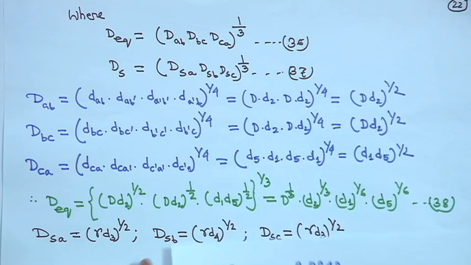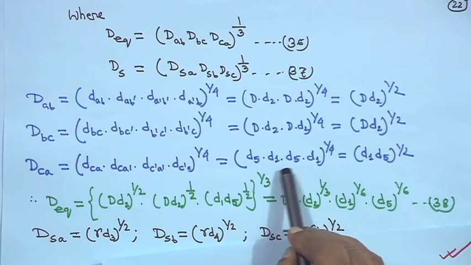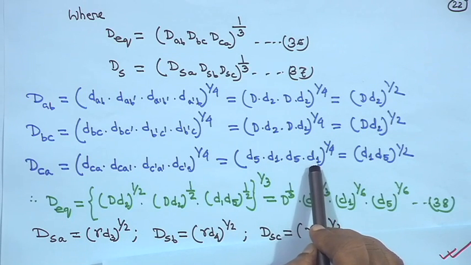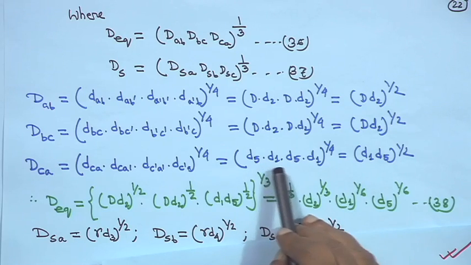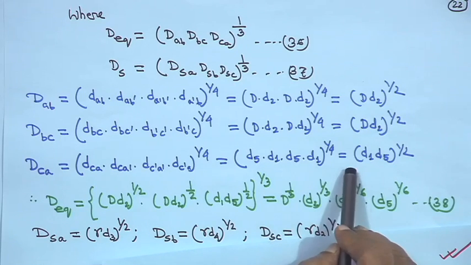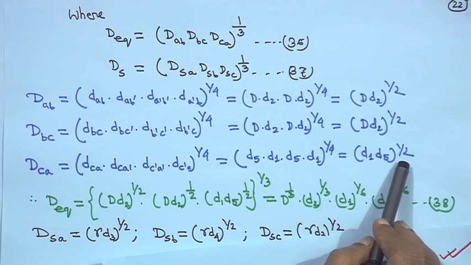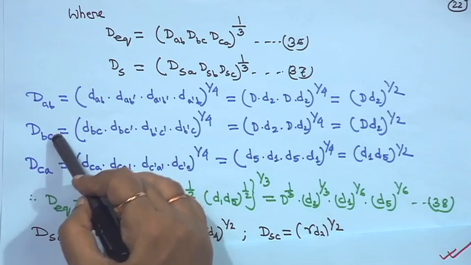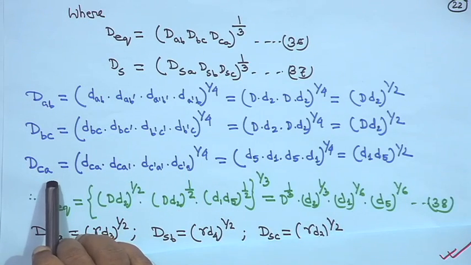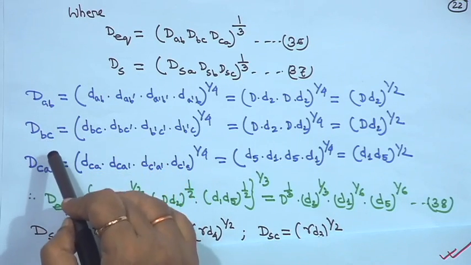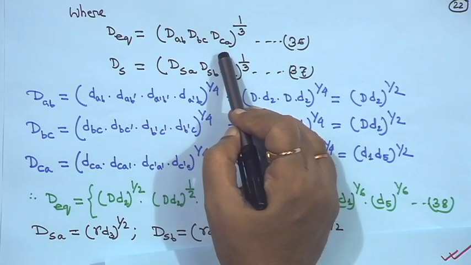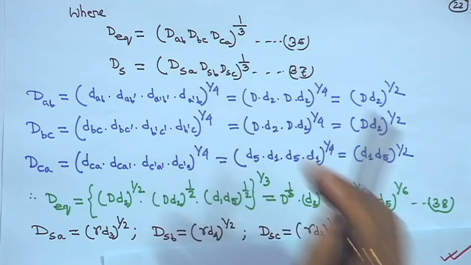That will come as D5 into D1 into D5 into D1, that is D5 squared D1 squared, which is equal to D1 D5 to the power half. So, you have got DAB, DBC and DCA. Now, you substitute these DAB, DBC and DCA in the expression, that is equation 35.